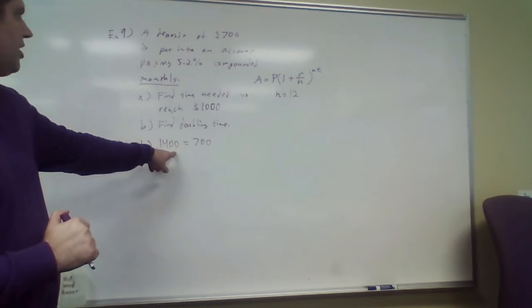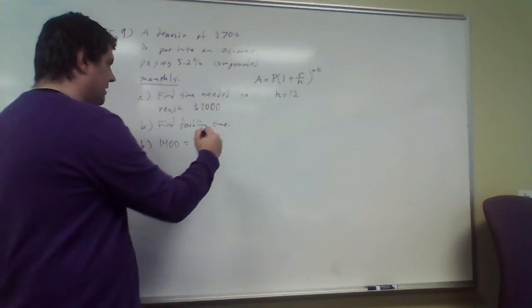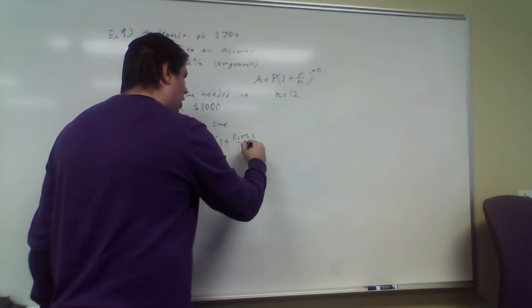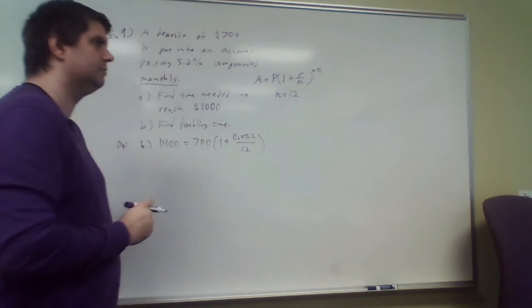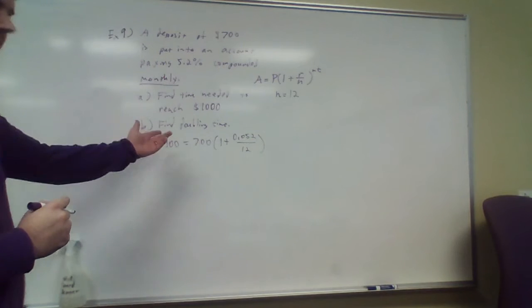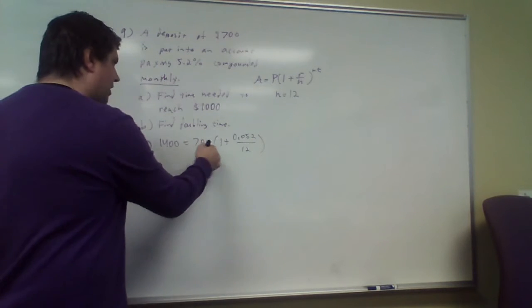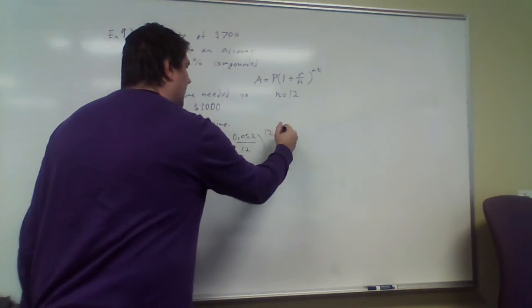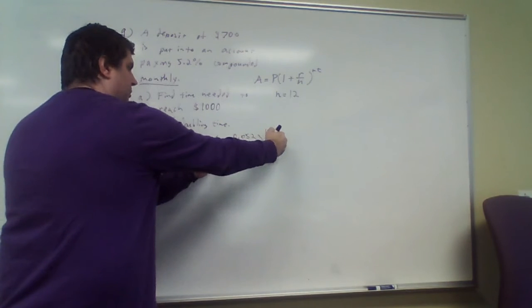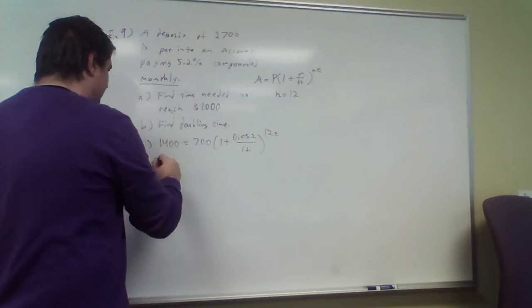So accumulated value becomes 1400. And then I still have the 1 plus 0.052 over 12 over here. As we did last time, I'm going to try to, oh, sorry, I forgot my 12t here. As I did last time, I'm going to want to isolate the exponential expression by dividing out that 700.